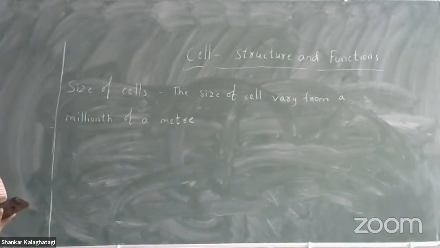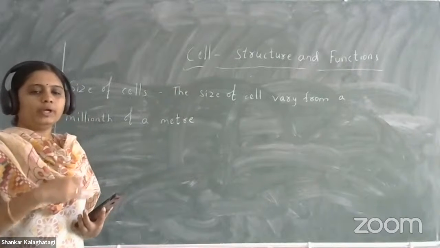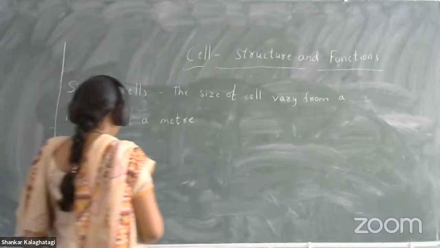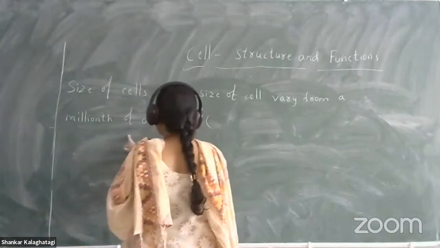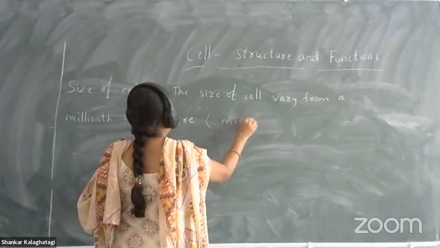Vary means low and high. Millionth of a meter means micron, we say micron.